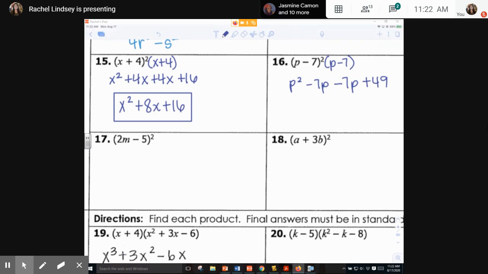Okay, and then you combine those, give you p squared minus 14p plus 49.